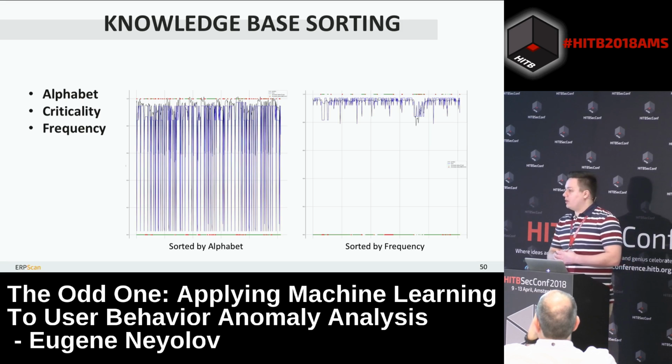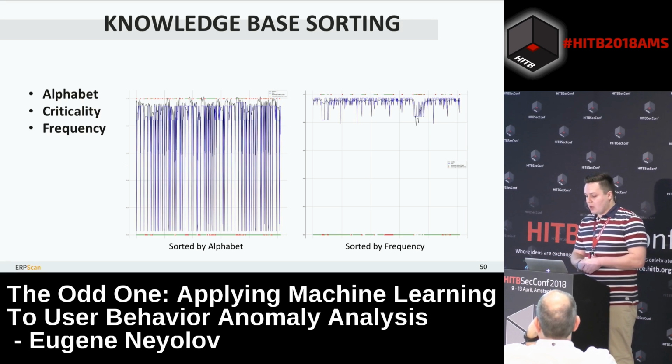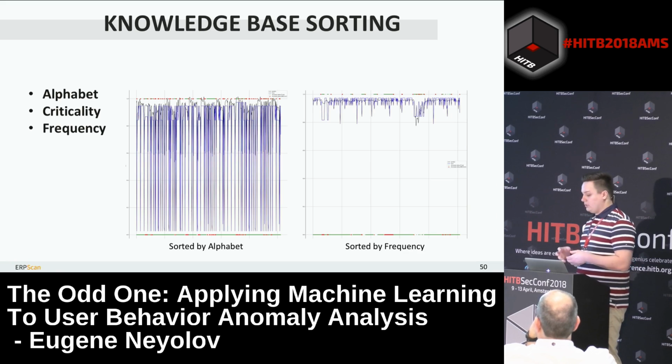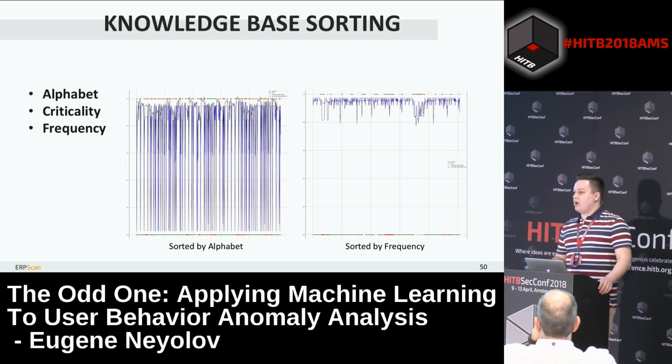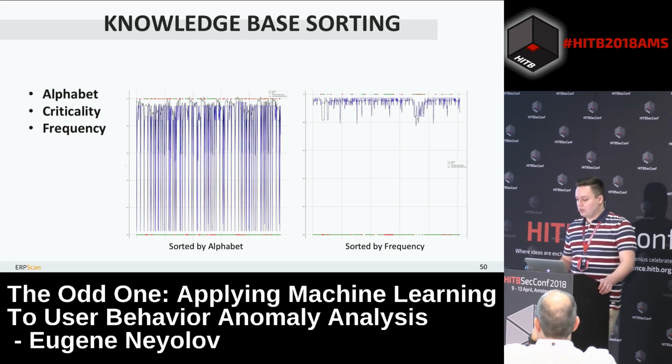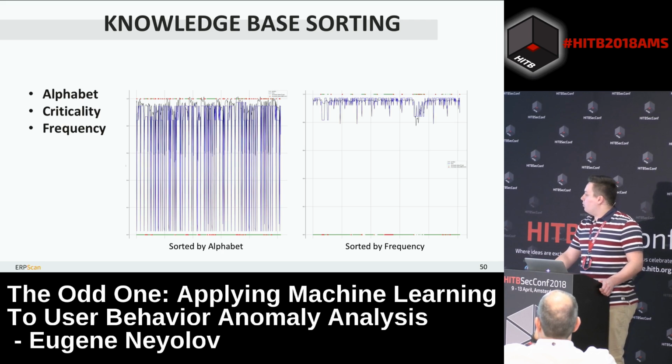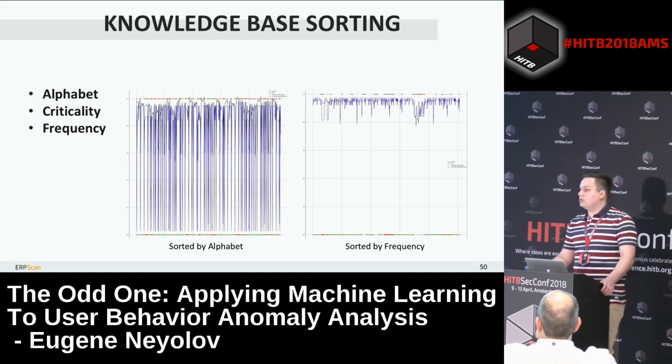The next thing is about the knowledge base. As far as our feature vectors are points in the space, we need to organize them, kind of group them in the space, because it's very critical for us as we define the anomalous events based on distances in the dimension. So our threshold is distance based. In our case, we had several options for how to organize our knowledge base. We can organize it by alphabet, by criticality, which is actually a security related thing, and by frequency.